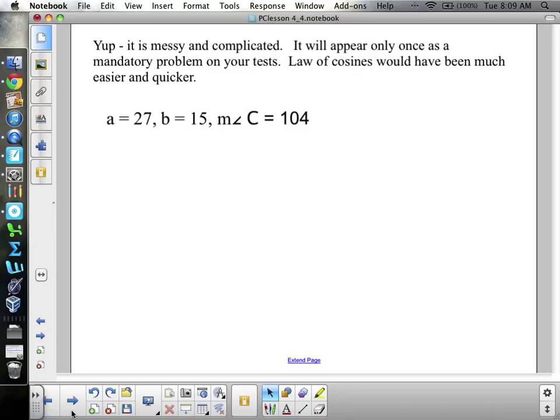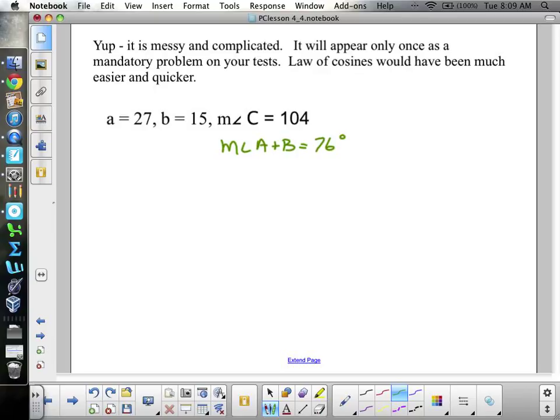Okay? A is 27, B is 15, and measure of angle C is 104. So measure of angle A plus B has to be 76 degrees. So setting up my formula, I'm going to do A minus B over A plus B is tangent of 1/2 (A minus B) over tangent of 1/2 (A plus B).